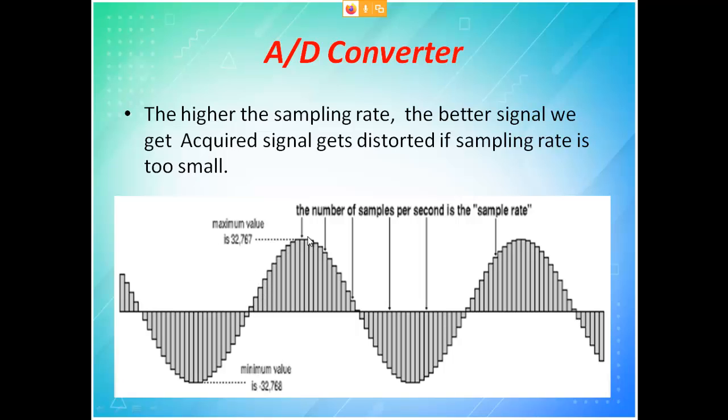So let us assume this is a sine waveform. If you are taking point number 1, point number 2, point number 3, point number 4 and point number 5, only 5 data I am taking. We assume the sampling rate is 5. If the sample rate is 5, what will happen is, on my receiving end, after receiving, if I convert, my sine wave will become a triangular waveform, because it started here, it has a maximum, it has a minimum, again it has a maximum, it has a minimum, it will become a triangle.